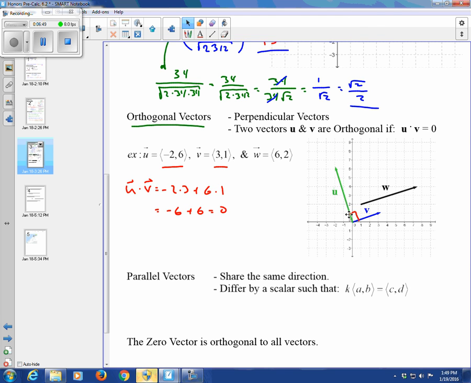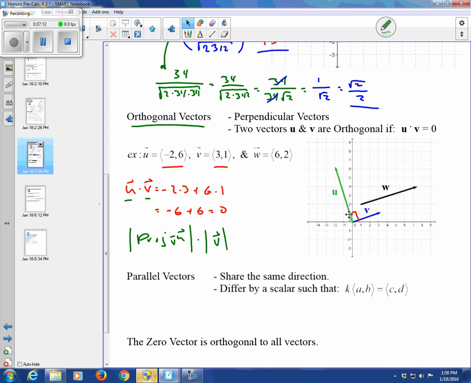Now right here, one of the things we can think is that we know that the dot product of our two vectors u and v is actually equal to the magnitude of the projection of u onto v times the magnitude of v, right?